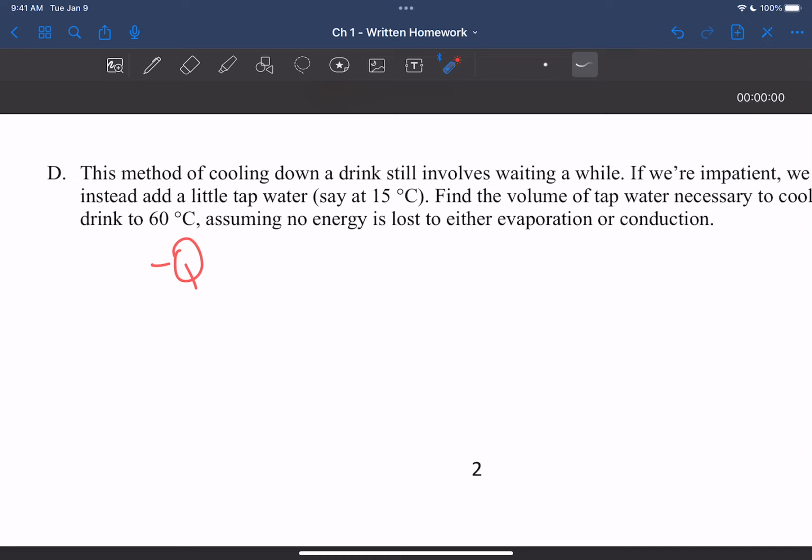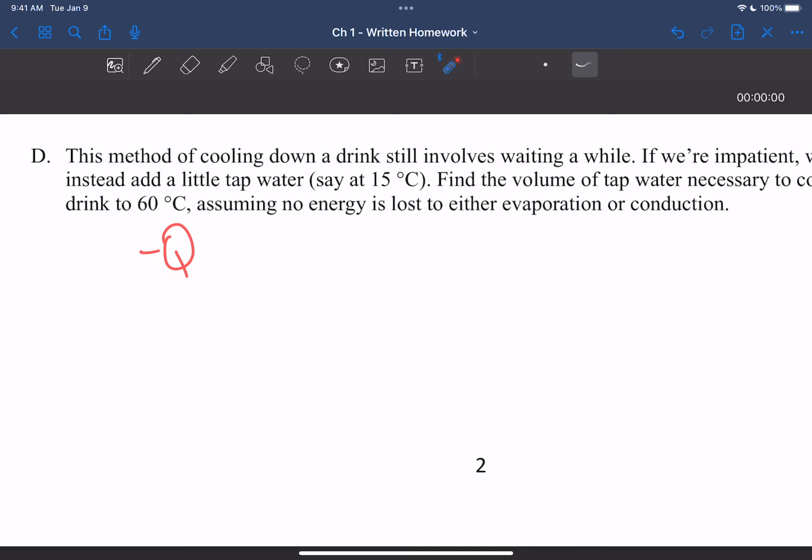So if we look at it, the decrease in the energy of the coffee, or a release in energy from the coffee, should equal the absorption of energy, the transfer of energy into the water.